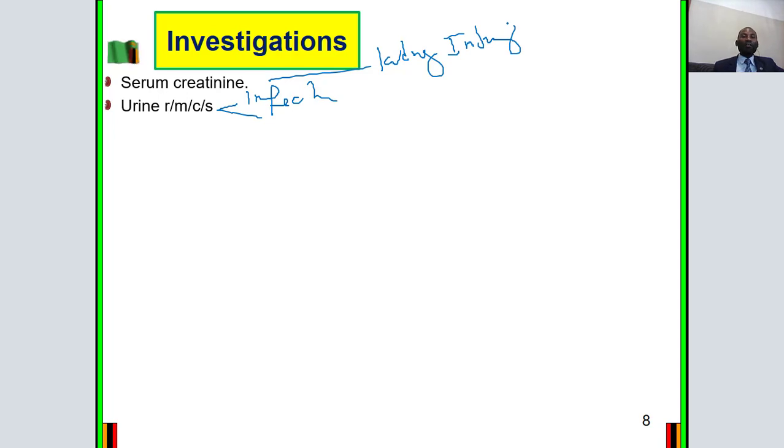So I said when there are leukocytes, that's WBC, plus nitrates, when these are positive, it is showing you that there's an infection. Also, what other thing can I tell you?